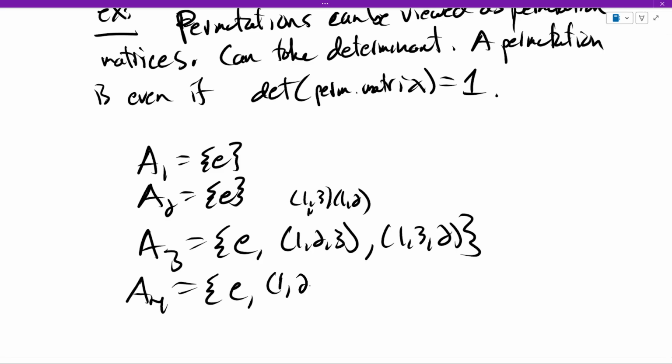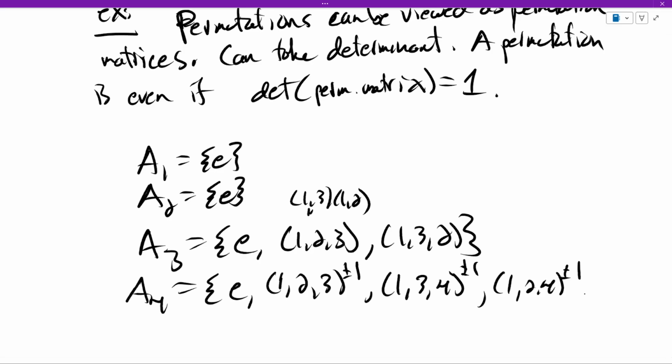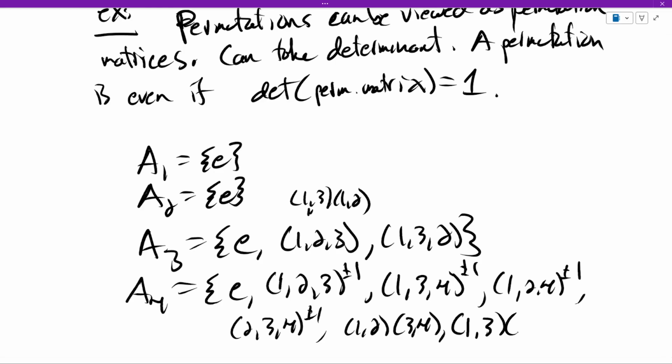We get the various 3-cycles and their inverses: (1 2 3), (1 2 4), what else? (2 3 4). And we get the ones that are not 3-cycles, that are disjoint transpositions multiplied together.